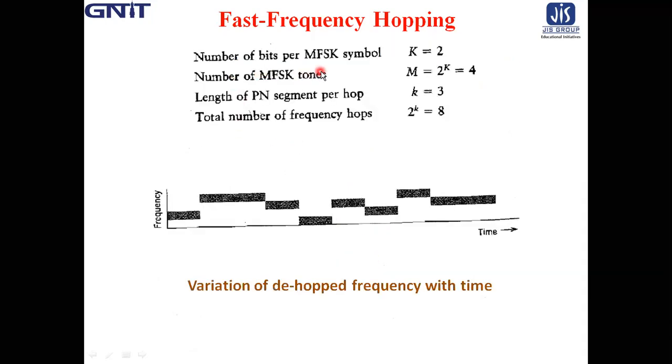Here, the number of bits per MFSK symbol, capital K, is 2. Number of MFSK tones, that is capital M, which is 2 to the power capital K, is 4. And length of the PN segment per hop, small k, equal to 3. And total number of frequency hops, that is 2 to the power small k, is 8.